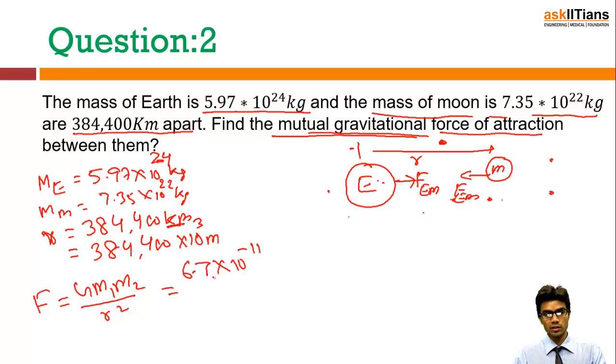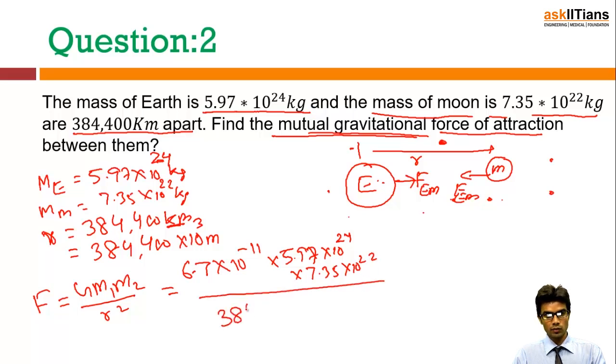This is the value of G. Value of m1 is 5.97 into 10 to the power 24, into m2, 7.35 into 10 to the power 22, by r square, so 384,400 into 10 to the power 3. We have to square this. So we can calculate this, and this will be in Newton.